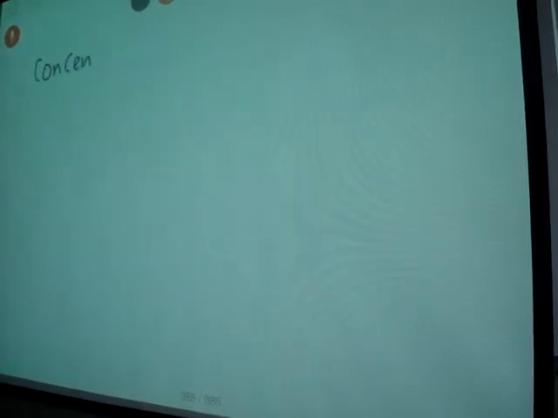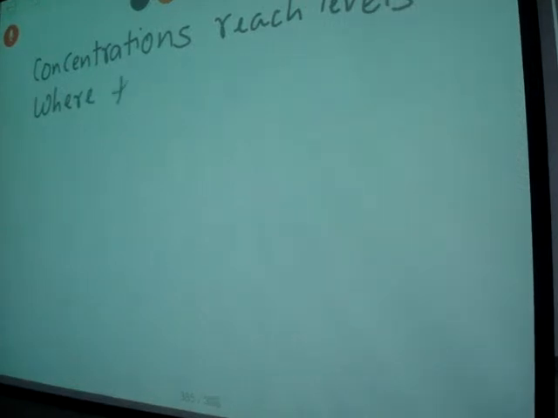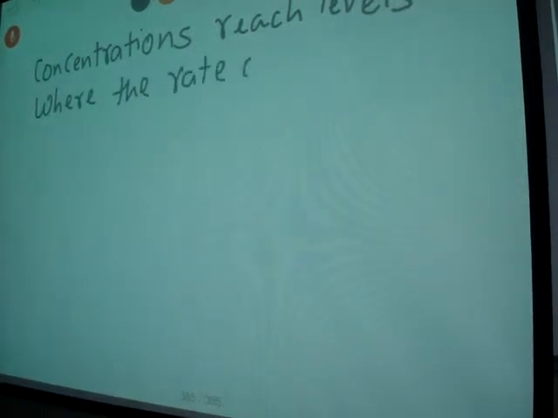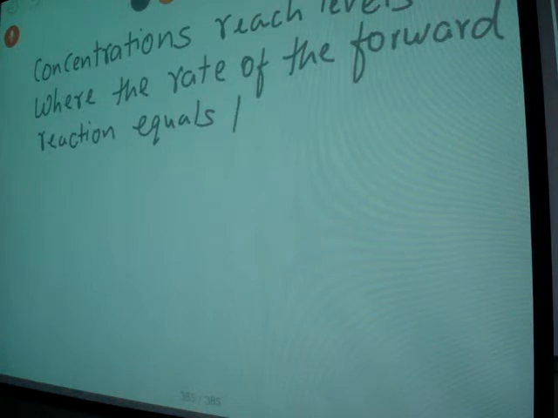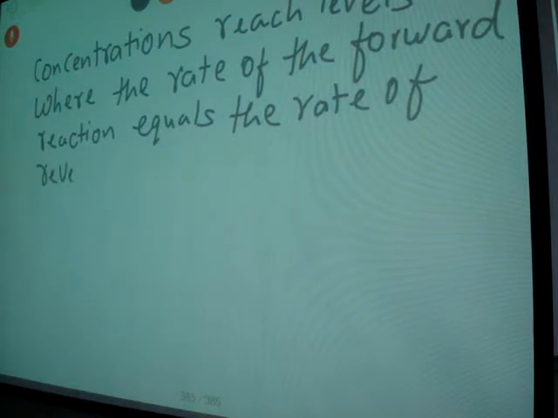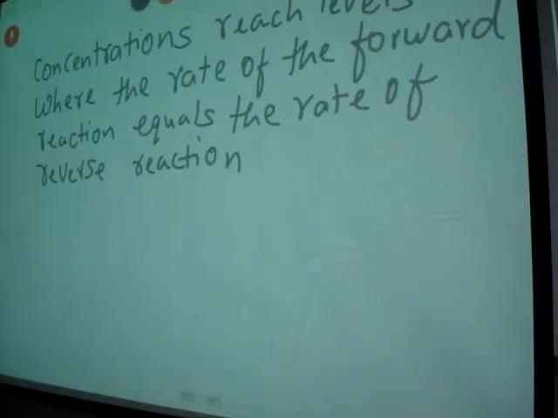Concentrations reach levels where the rate of the forward reaction equals the rate of the reverse reaction. That's where chemical equilibrium is established.